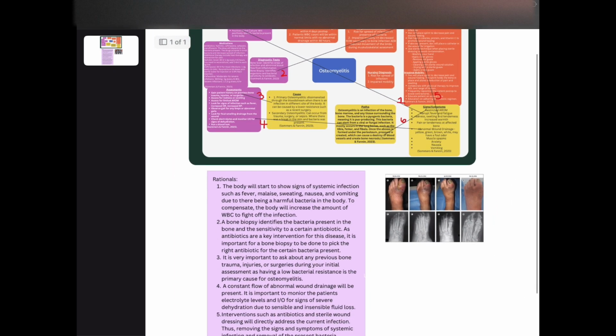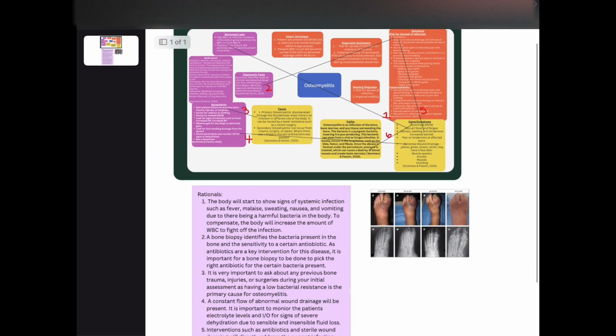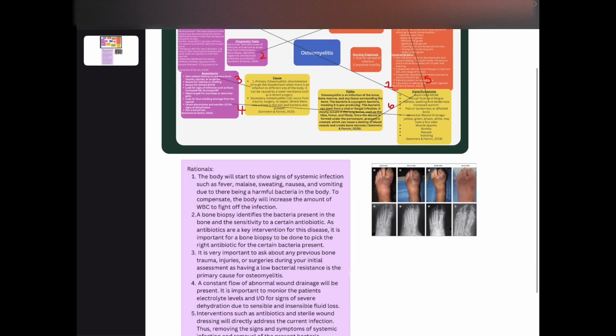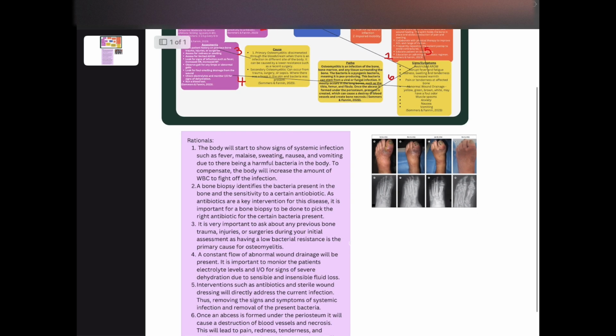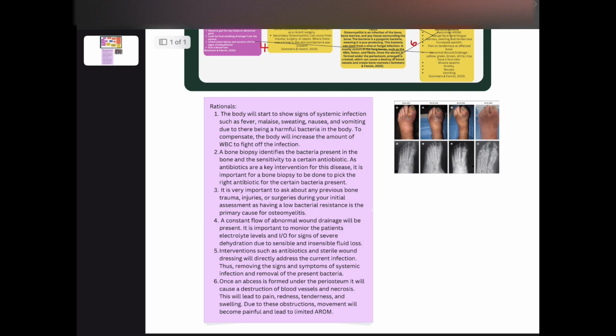Number 5 is that connection between the antibiotics and the redness, swelling, tenderness, and increased warmth. Interventions such as antibiotics and sterile wound dressings will directly address the current infection, thus removing the signs and symptoms of systemic infection and removal of the present bacteria.